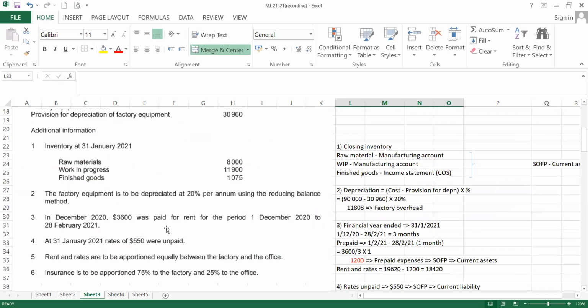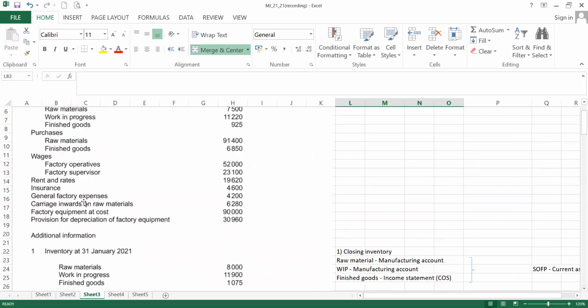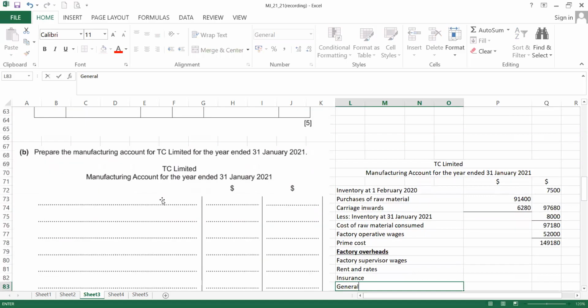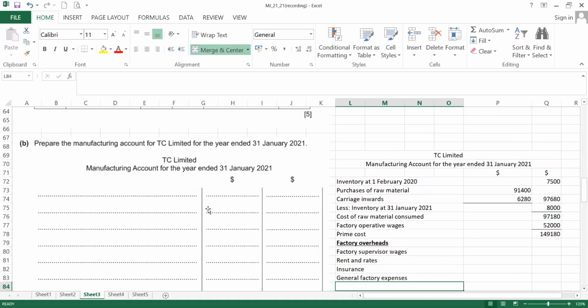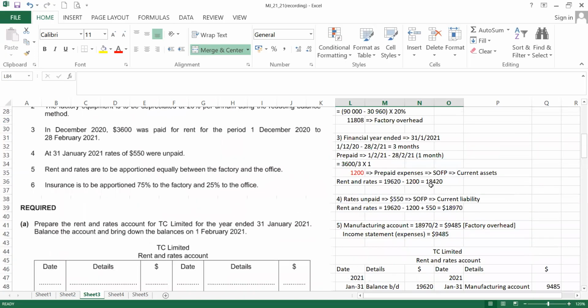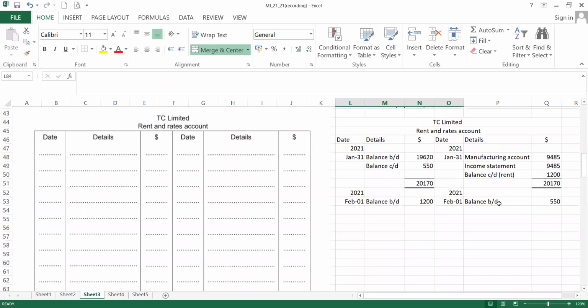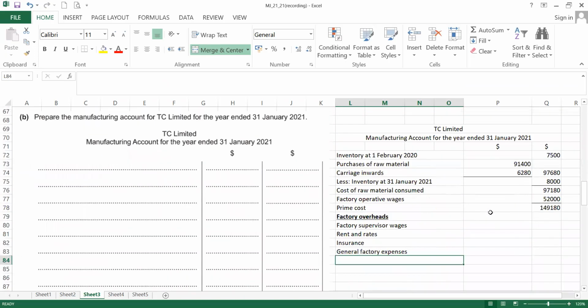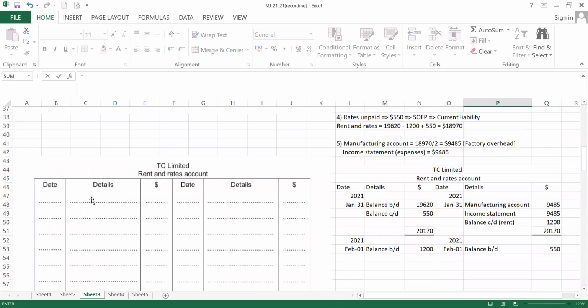And then after that, general factory expenses. Let's see what else we have. Factory depreciation, which is depreciation for factory equipment.